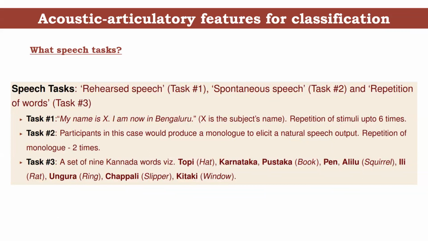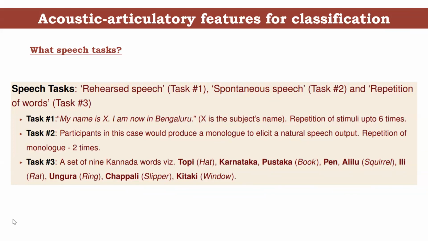The first task was a sentence like this: my name is blah blah blah and I'm now in Bangalore, in their native language. There's no English here, everything is in Indian languages, and that's unique about this corpus, because having English would help you to do something with existing databases, but here we are completely weak in that sense, because we have to build our corpus.